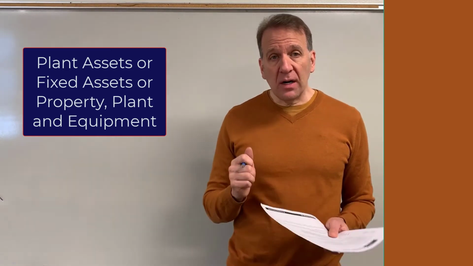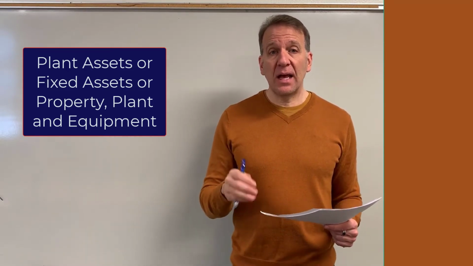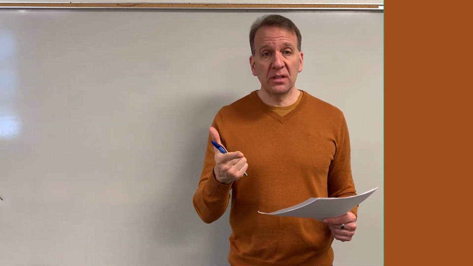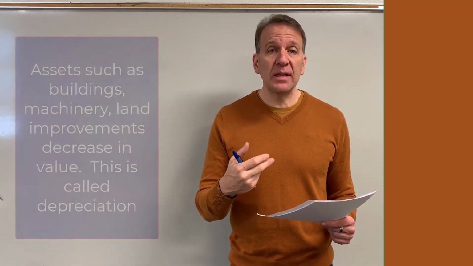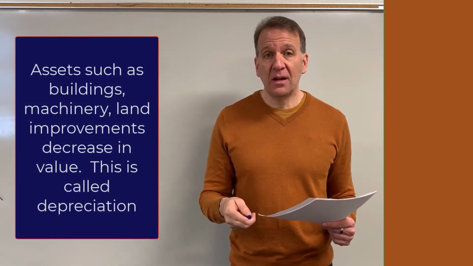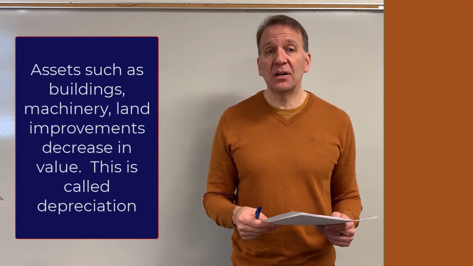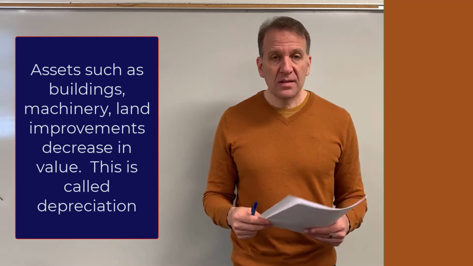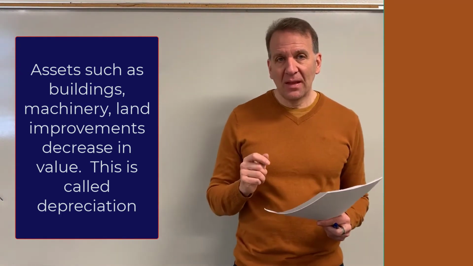Now, the next part is depreciation. Certain assets, like I said, land improvements, buildings, machinery and equipment, all these types of assets decrease in value; they depreciate. We're going to be going over that calculation in the next few videos. So when we purchase an asset, here's an example.